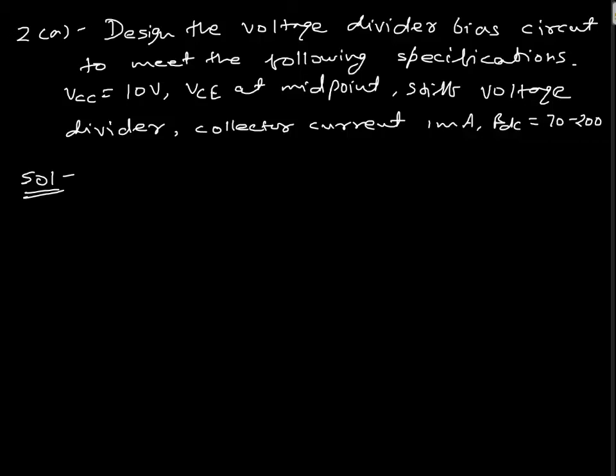First step is we have to start by assuming VE equals 0.1 VCC. Now at this point of time, I want to tell you there is no unique way of designing any circuit. Okay, but we are going to follow this method to design.